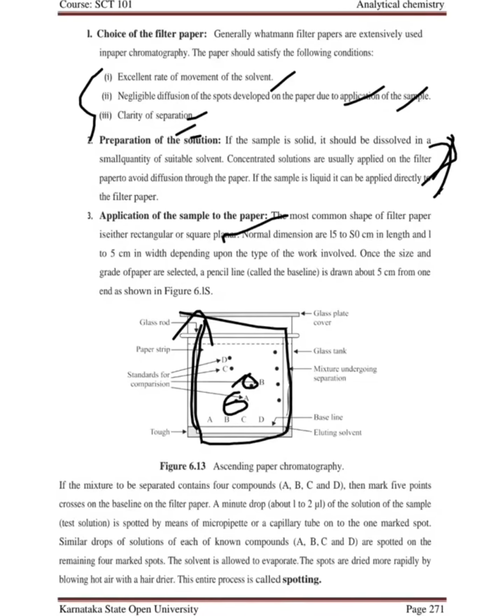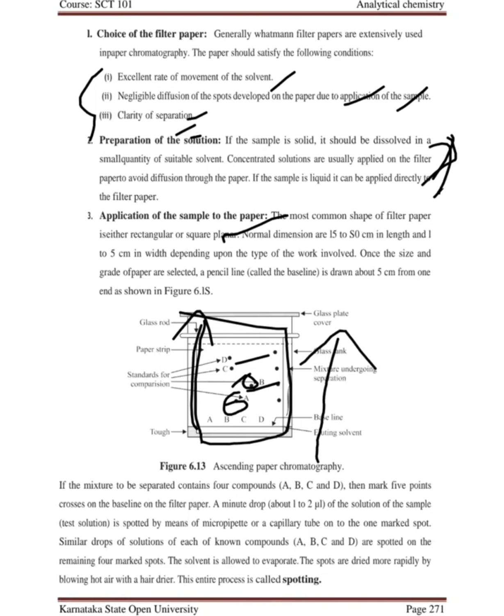Further, the development of the chromatogram is seen here, and here there are two different types of chromatography. One is one-dimensional chromatography, and the second one is two-dimensional chromatography. This one is known as one-dimensional chromatography. This is ascending paper chromatography, means the mobile phase is moving from the lower to the higher phase.